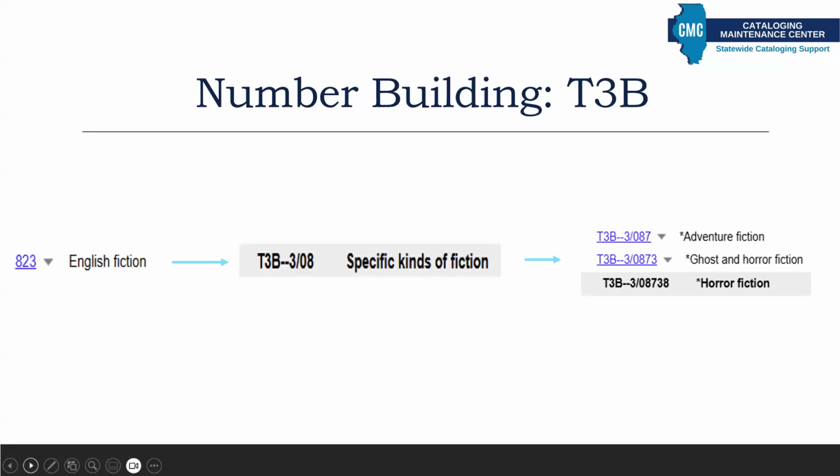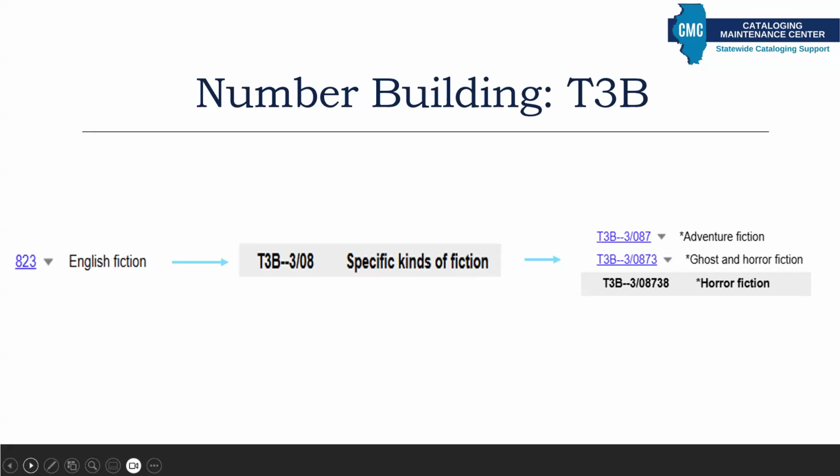We are next going to look at the T3B. So we have a book in hand that is a collection of Irish horror short stories. To build this, we'll start in the 820s for English literature and authors. 823 is English fiction, and then we'll go to table T3B and choose specific kinds of fiction at 308, and then dig a little deeper in adventure fiction until we find horror fiction.